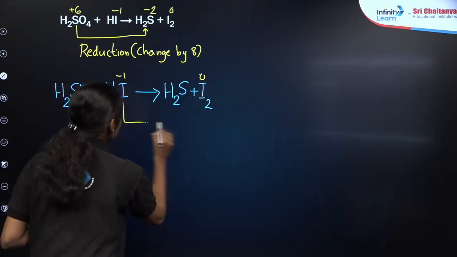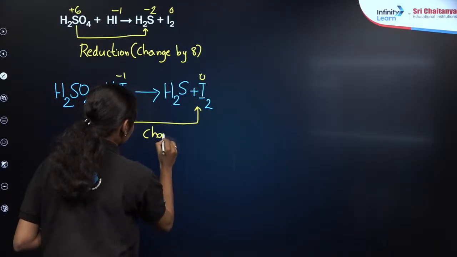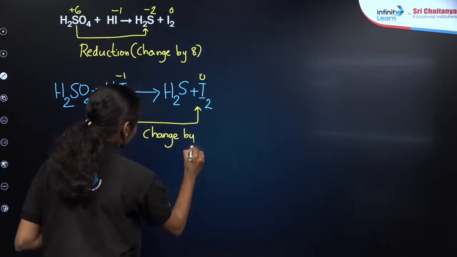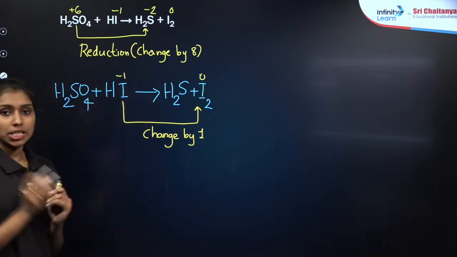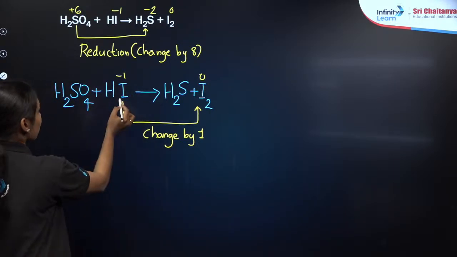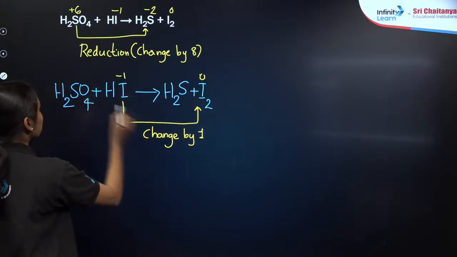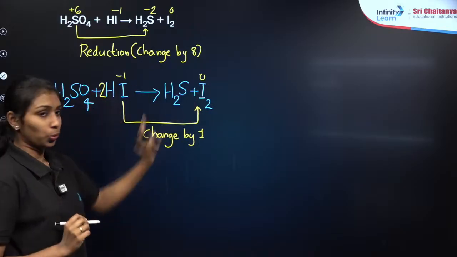That is for iodine atoms. That is changed by 1. Then the final point you have to note is that here it is one iodine atom, right? But here it is 2 iodine atoms. So in order to balance this iodine atom, I will put 2 here, which will become 2 HI gives I2.